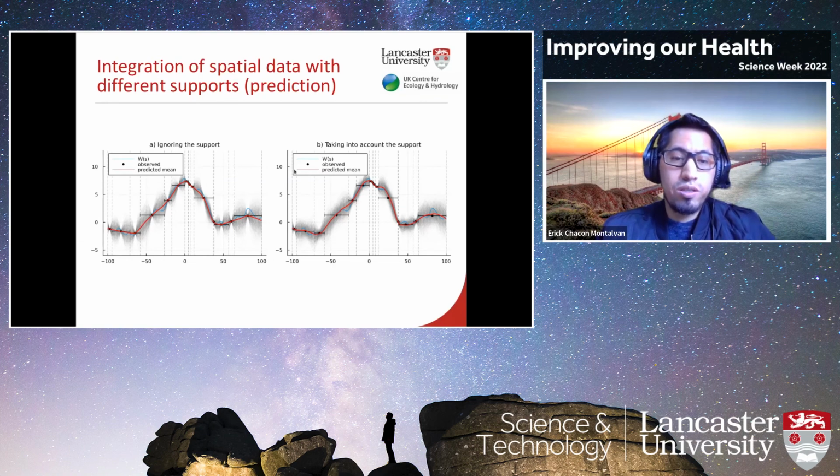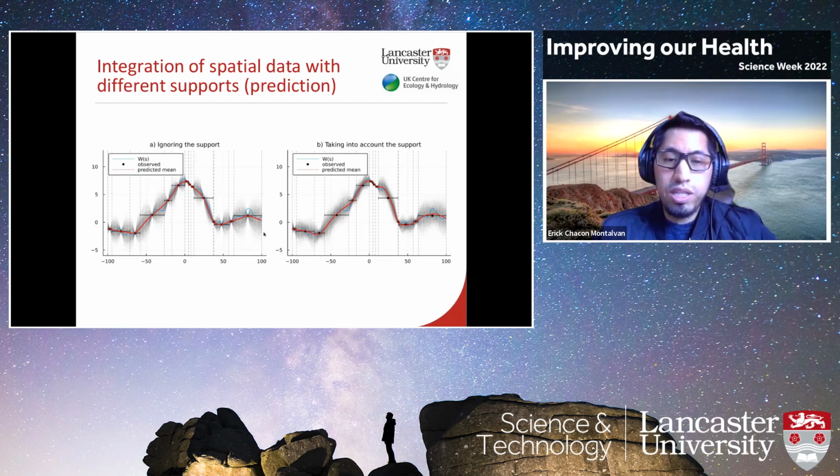In both graphs, the blue lines represent the continuous process that we want to study, the black intervals represent the support of the observed data, and the red line represents the predicted mean.